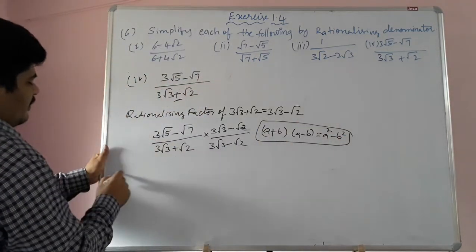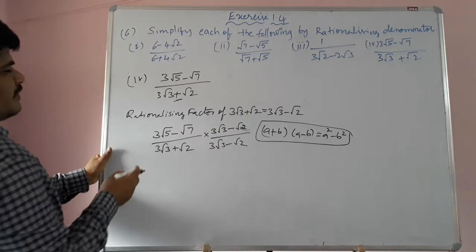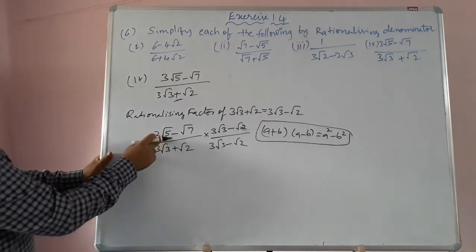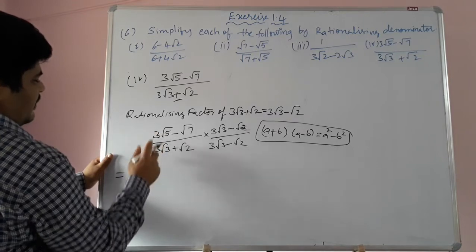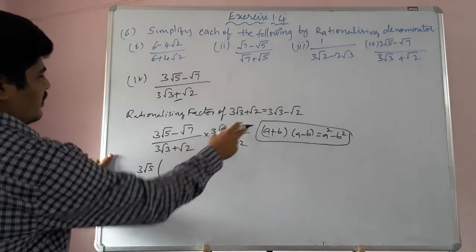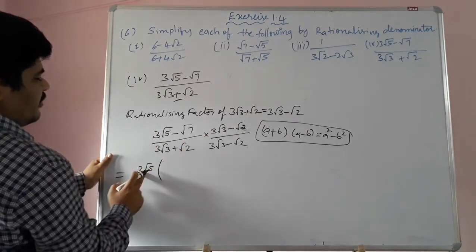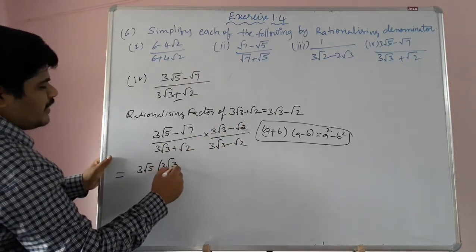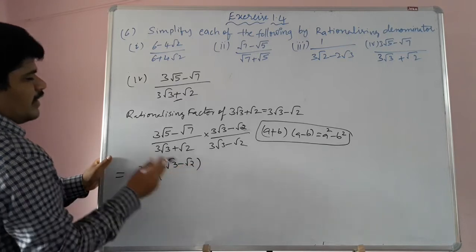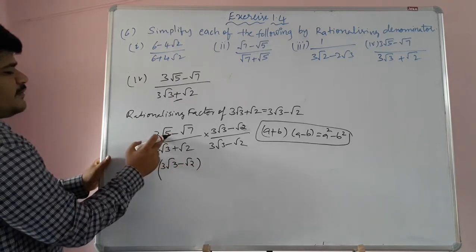So how to simplify these different binomials? First we take the first term of the first binomial, 3 root 5, into the whole second binomial: 3 root 5 into (3 root 3 minus root 2). And after this term, what is there?